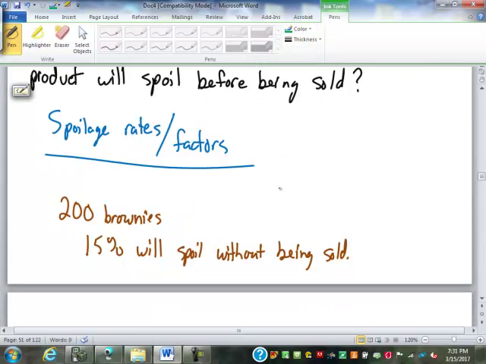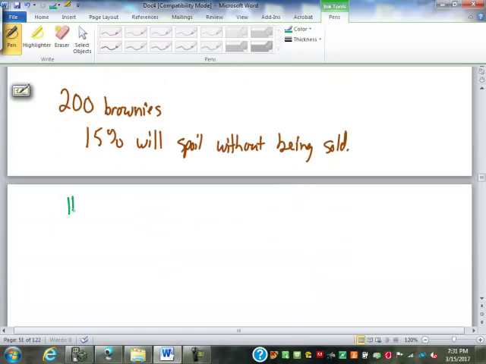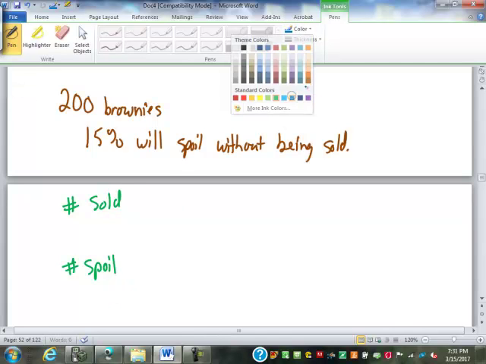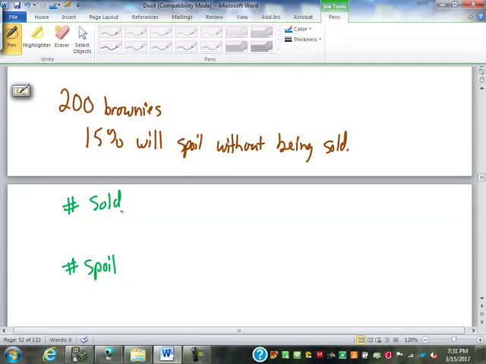So what that means is we have a number that's sold and a number that is considered spoilage. For the younger people in the crowd, that's not hashtag sold and hashtag spoiled, by the way. The number sold is 200 times, well, 15% spoil, what percent sells? 85.